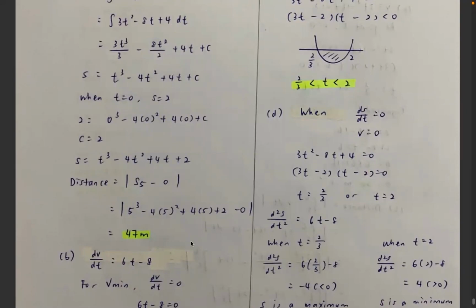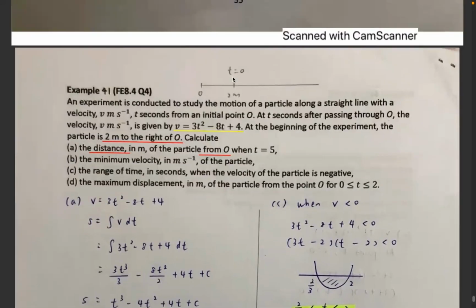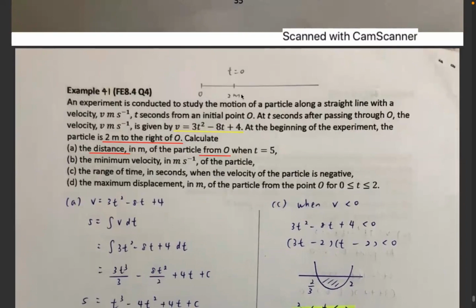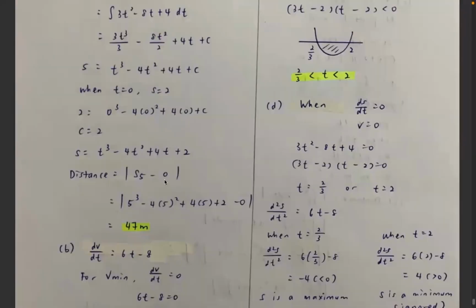For this question, please don't do s5 minus s0, because s0 is 2. s0 means the displacement when t equals 0, when s equals 2. They are not asking for s0. They are asking from the position of O, and at point O, s equals 0. So that's why we subtract 0 here.